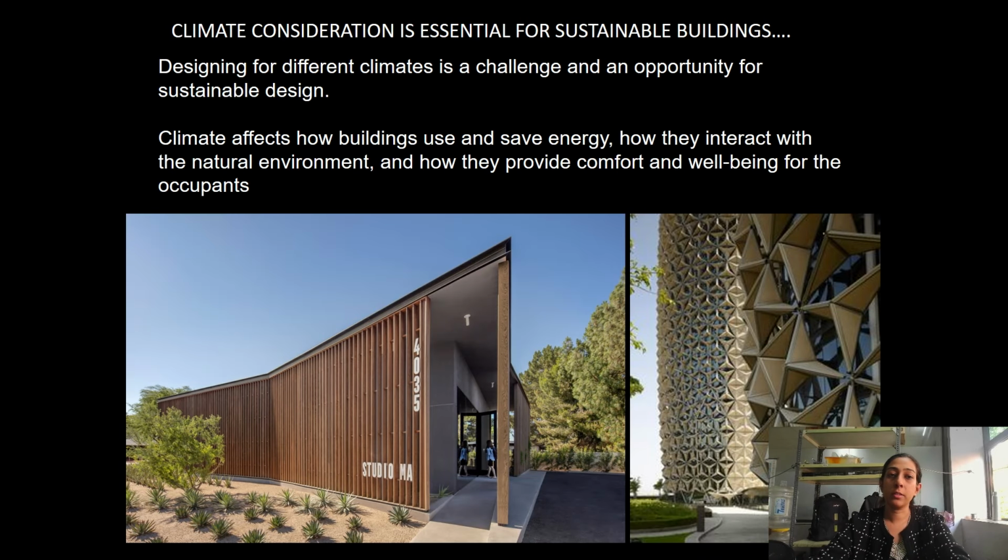So what are the climatic considerations? It is essential. Designing for different climates is a challenge and an opportunity for sustainable design. Climate affects how buildings use and save energy, how they interact with the natural environment, and how they provide comfort and well-being for the occupants. Here you can see some screens and some kind of sensor systems that are used to protect your interior spaces from the harsh sunlight.